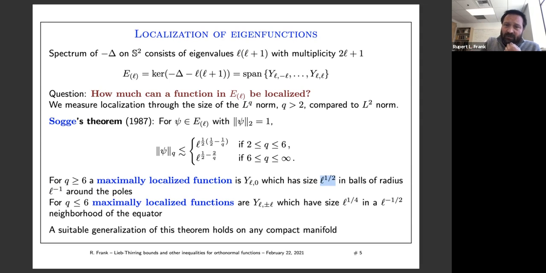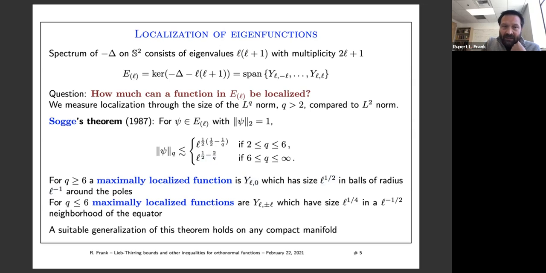In terms of spherical harmonics, this corresponds exactly to m equal to 0. So these functions are, within a constant, the most localized functions that you can find in this eigenspace. And the Q norm, because of the size of where the function is localized and the size of the function in that region, you arrive at a certain expression. And Zog showed that this is the optimal expression.